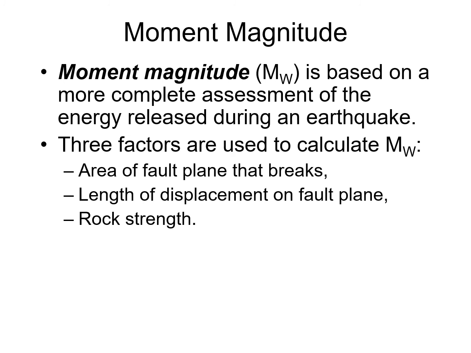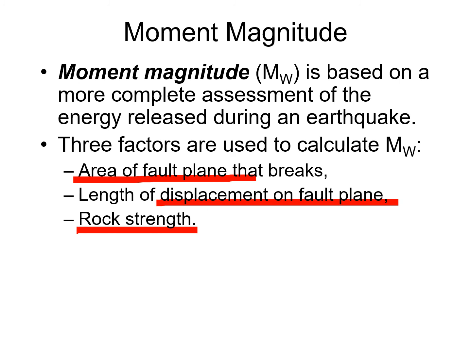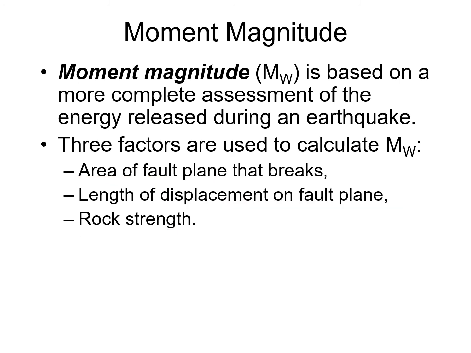You need to look at the length of displacement along the fault plane. And so from the area and the length, you can get a better estimate of how much total movement there was. And you factor in the rock strength as well. And so from that, you can get a much better indicator about the total amount of energy.